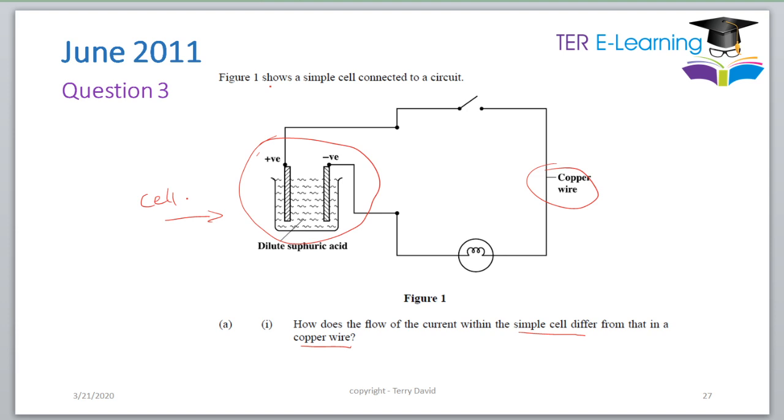So let me ask you all this. In the copper wire, what is actually moving for an electric current to flow? So let's start with the easiest piece, the wire. What's happening in the wire?